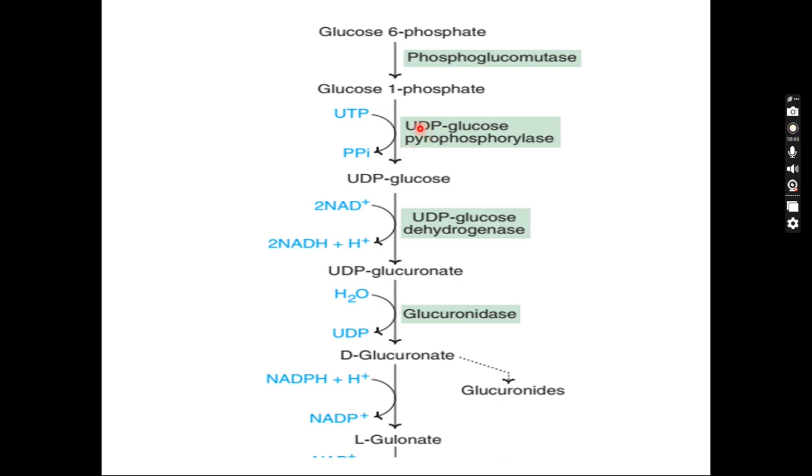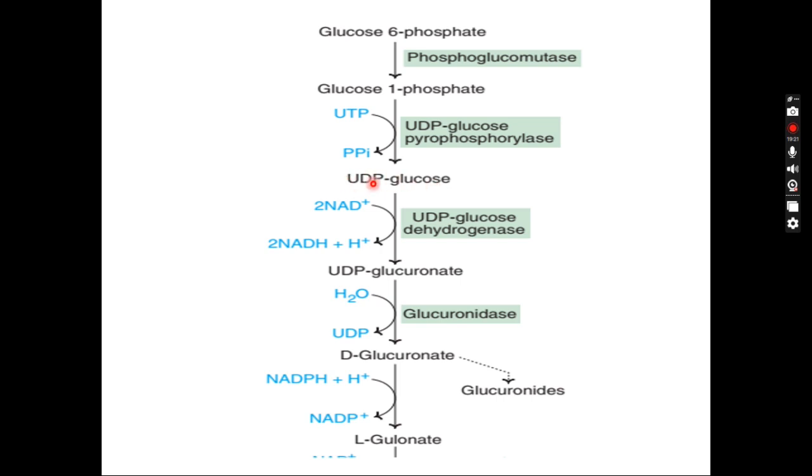Then we go to the next reaction, where we have the UDP glucose pyrophosphorylase as the enzyme that will act on the glucose 1-phosphate and attach a UDP moiety to this glucose. In the presence of the uridine triphosphate, two phosphate groups are removed and we remain with the UDP glucose molecule.